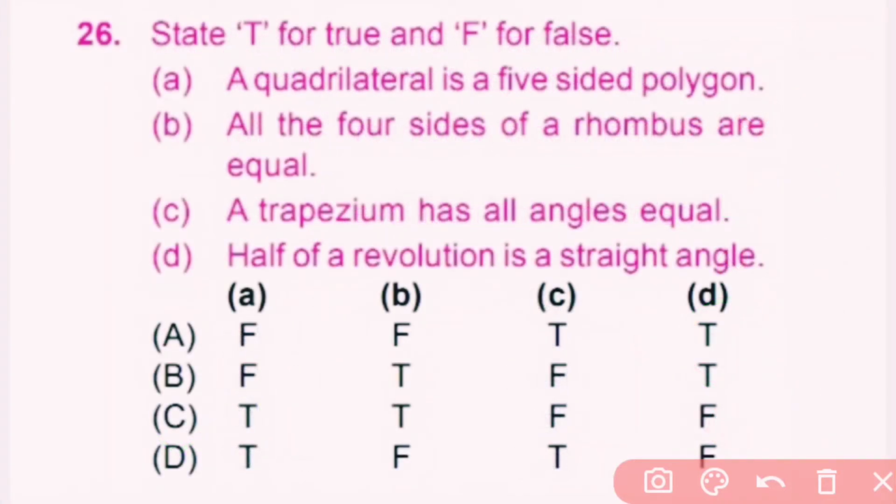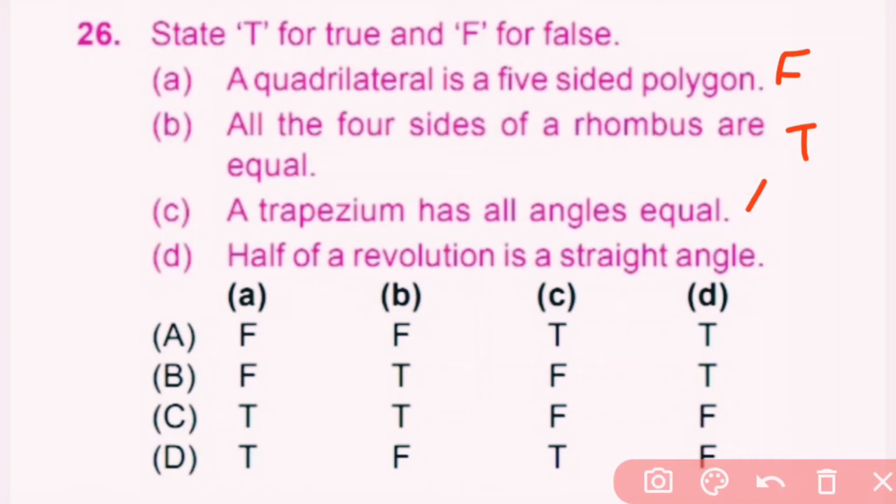Question number 26, state T for true and F for false. Option A, a quadrilateral is a 5-sided polygon. This is a false statement because a quadrilateral has 4 sides. Option B, all 4 sides of a rhombus are equal. Yes, all sides of a rhombus are equal. This is a true statement. Option C, a trapezium has all angles equal.